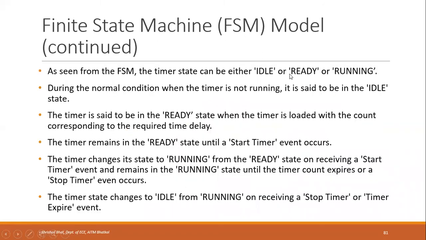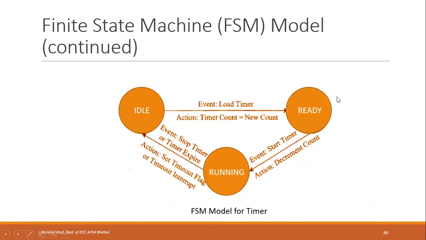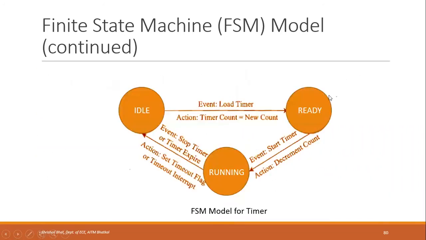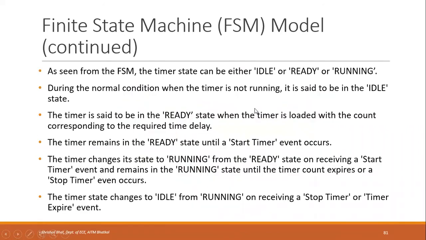The timer state can be one of these: idle, ready, or running. Under normal conditions, when it is not running, it will be in the idle state. It is set to the ready state when the timer is loaded with a particular count, corresponding to the required time delay. The count will be different for different time delays. The timer remains in the ready state until a start timer event occurs.